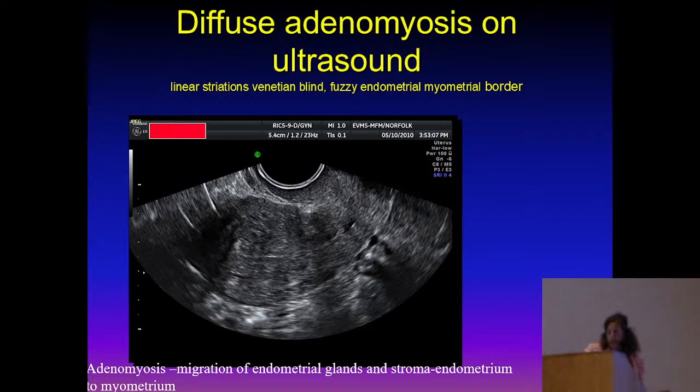This is very common, where usually one side can be thicker than the other, and you see these hypoechoic linear striations that we call Venetian blind striations, and the endometrial myometrial border is usually a little fuzzy. So this is classic adenomyosis.